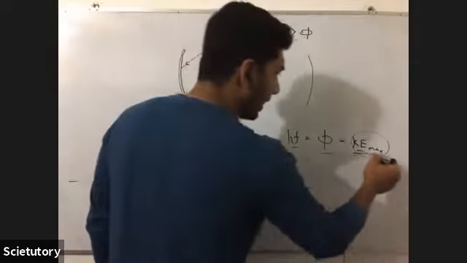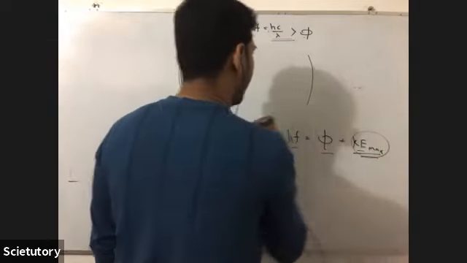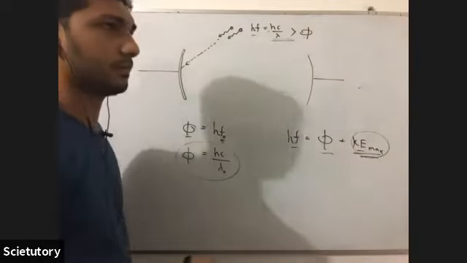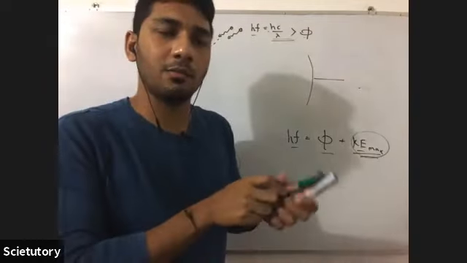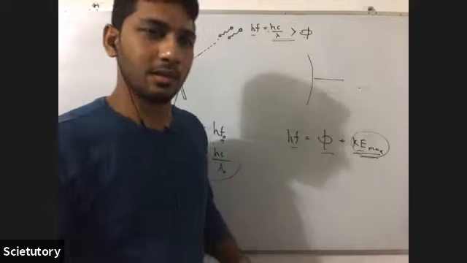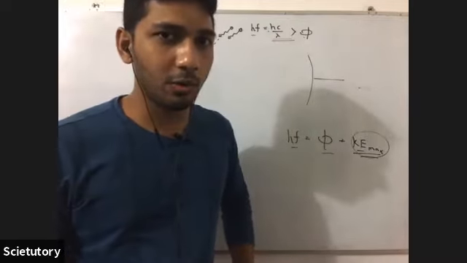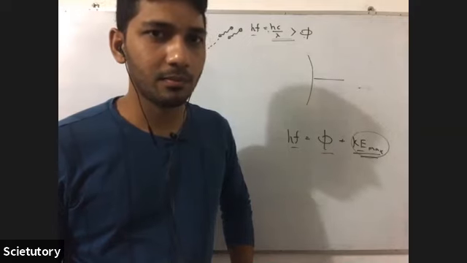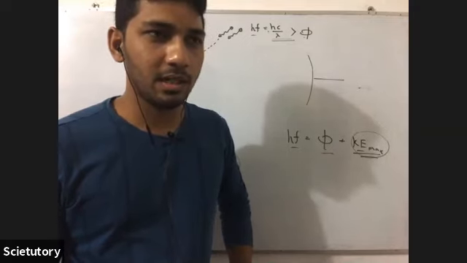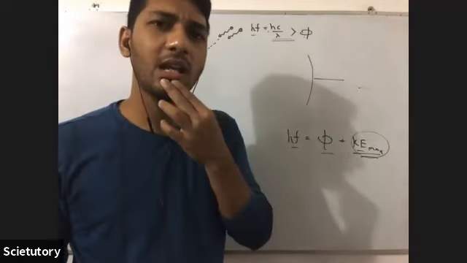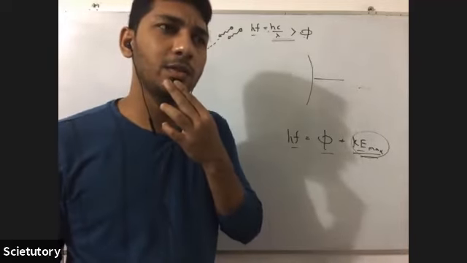Can you relate KE with something else in a photoelectric cell? Do you give some voltage to manipulate the movement of electrons? Yes, you give. At one point, you will not see any current flowing through the circuit.